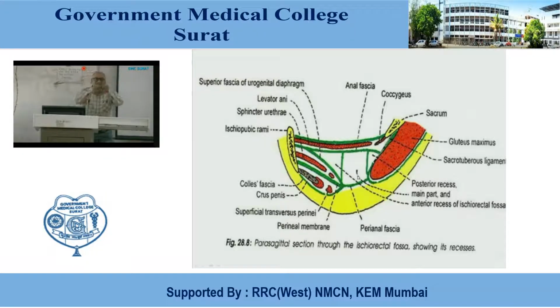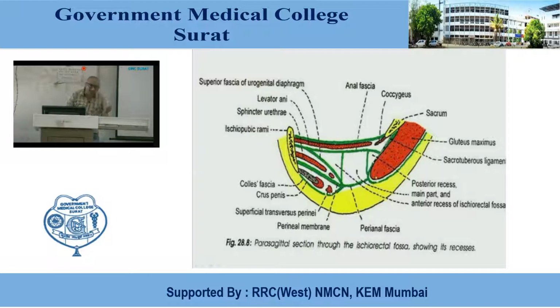And because they are transversely located, in this sagittal section only a small round part is there in this figure. So this one is the superficial transverse perineal and this one is the deep transverse perineal. Actually the orientation of this muscle is like this if you observe from the lower aspect. So this is anterior boundary and this one is the posterior boundary, where it is formed by this large muscle.